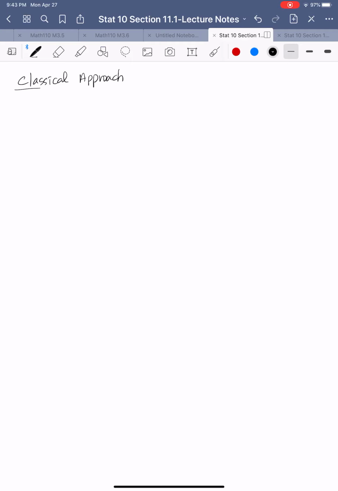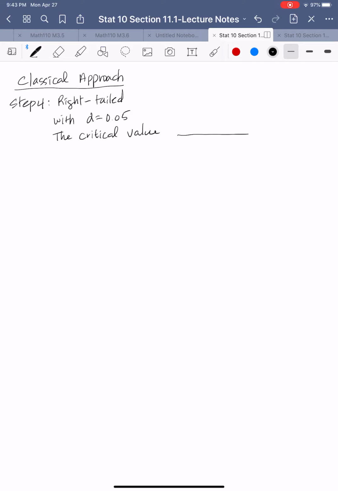Okay, so classical approach means step 4. I know this is a right tail with alpha equal to 0.05, and then the critical value that you need to find from here.